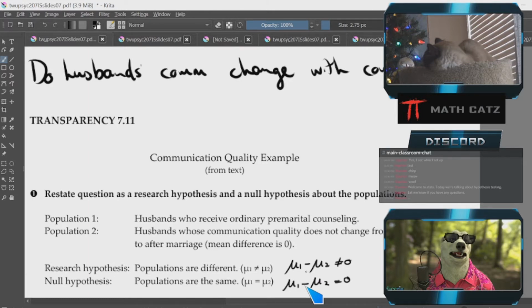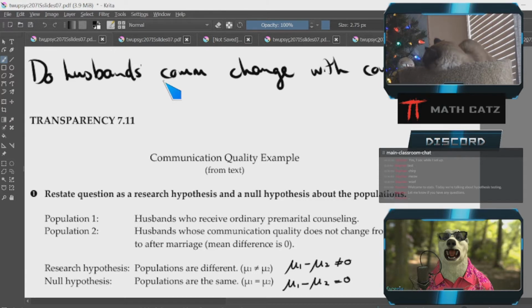Even though now I'm comparing two means to see if they are the same or different, I can rephrase this to compare the difference of the means to, in this case, a number of 0. So that is exactly what we're going to do, and it's really that simple.